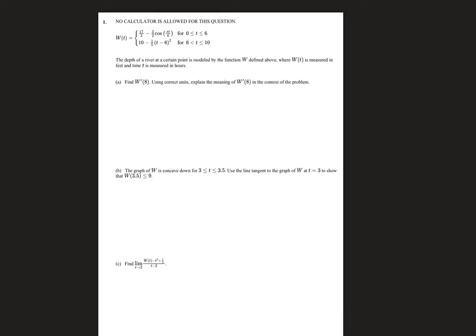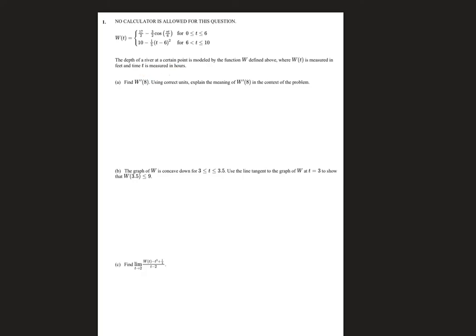So here they give us a piecewise function, W of t, with two different functions, one from 0 to 6 and one from 6 to 10. The top one includes 6, and the bottom one does not include 6. They say the depth of the water at a certain point is modeled by this function W, where W of t is measured in feet and t is measured in hours.